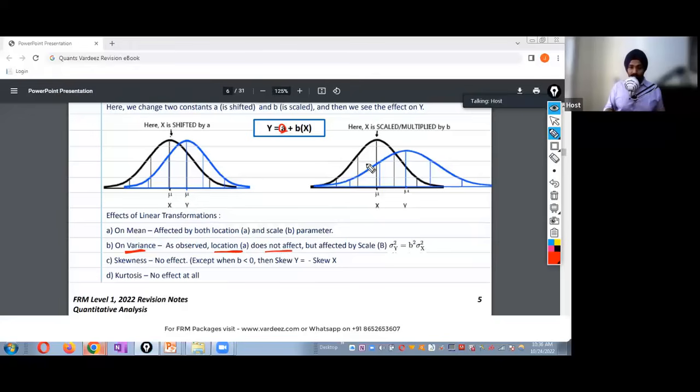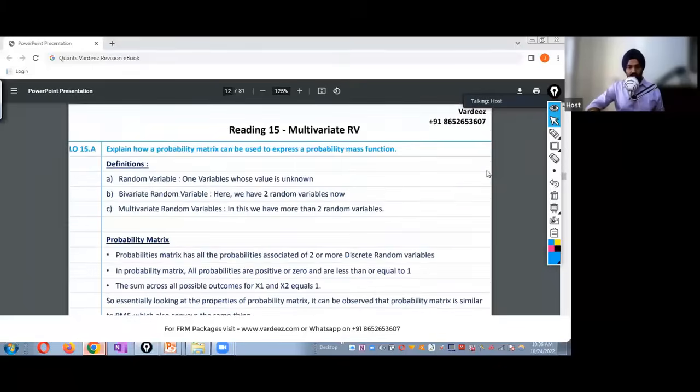But if you scale it, if you multiply B to the X, then originally it was like this, but the new one is doubled. And we said that it's B squared. The new variance was doubled. Same thought process is something that we need to understand for this.